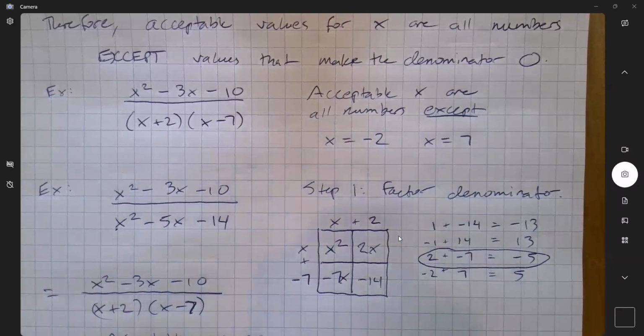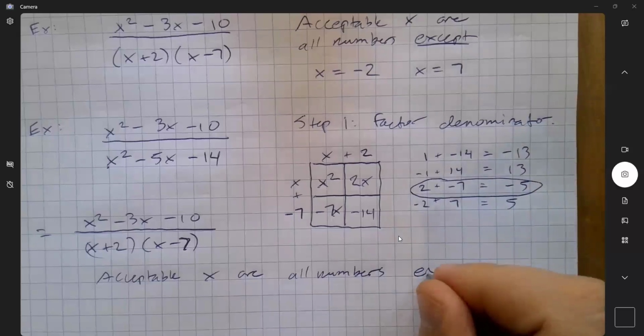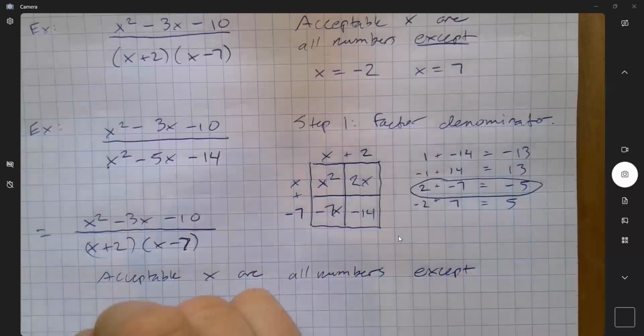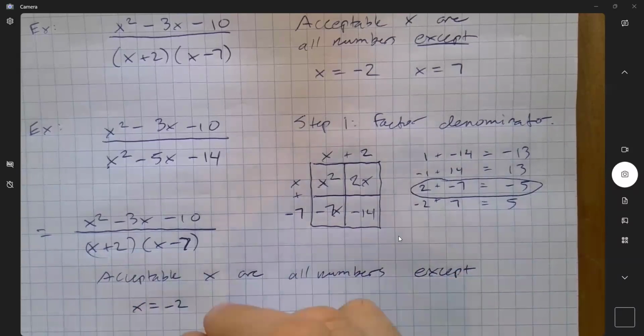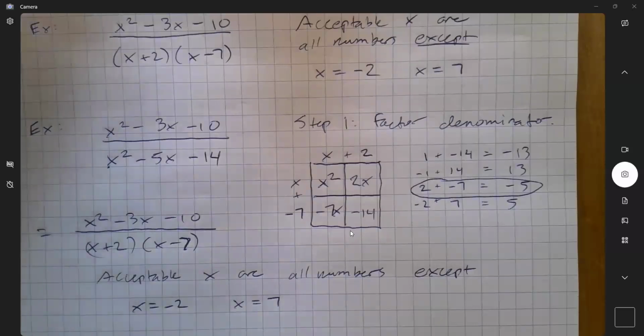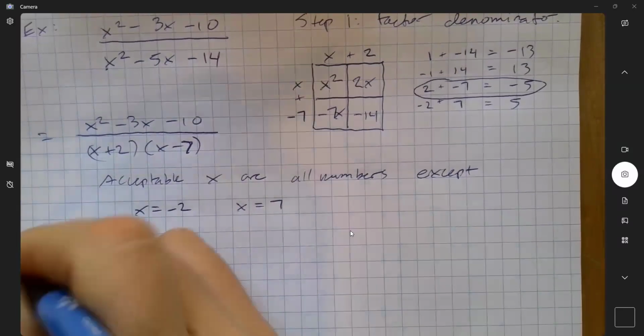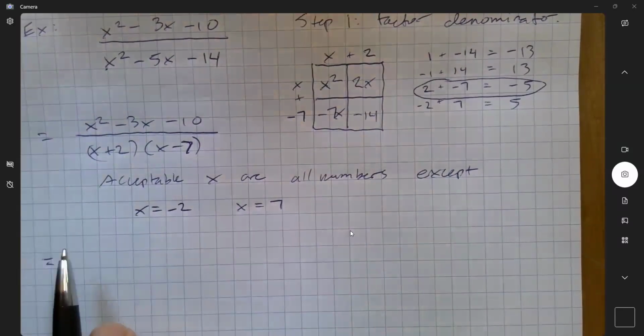Acceptable x are all numbers except x equals -2 and x equals 7. All right, you know what? Let's go ahead and factor the top of that expression as well, just because we can.